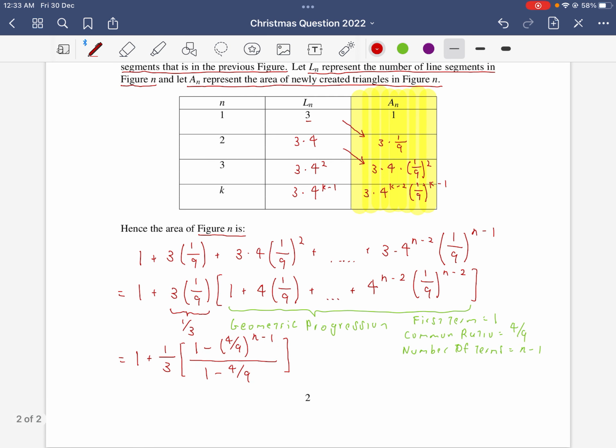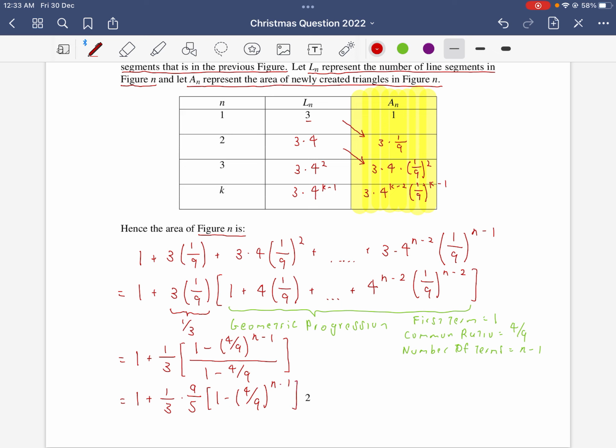Simplifying this a little bit, we obtain 1 plus 1/3 multiplied by 9 over 5 divided by 1 minus 4 over 9 to the power of n minus 1.